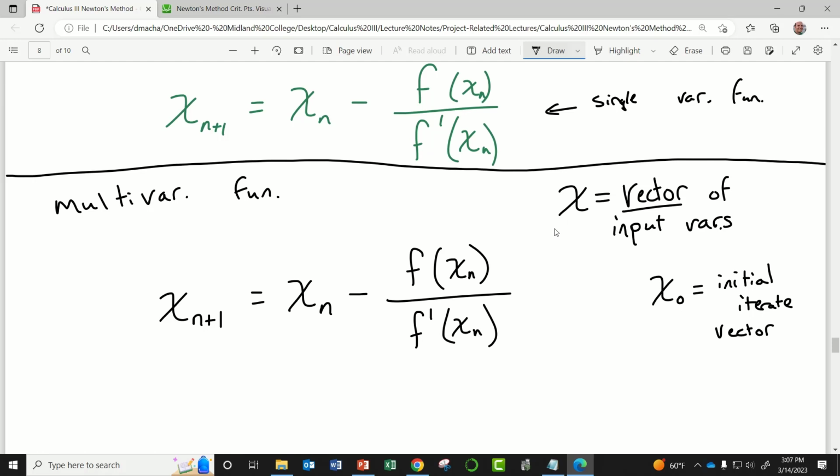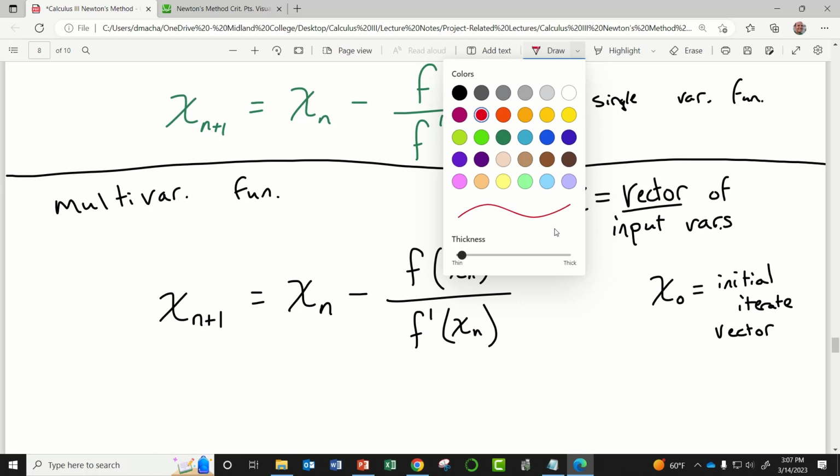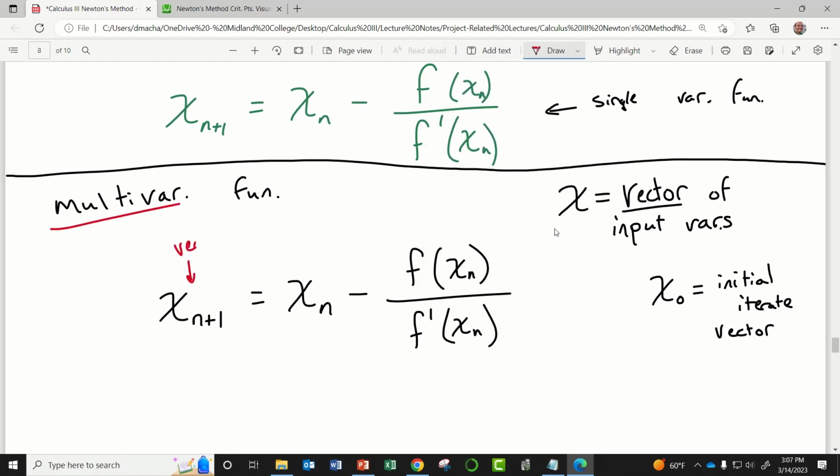But here's the issue. When we're dealing with a multivariable function, this is a vector. This is a vector. This is a vector. And so how do I divide a vector by this? I guess what I'm trying to get at is, what is this? You could divide a vector by a scalar, right? You could divide each entry in the vector by a scalar.